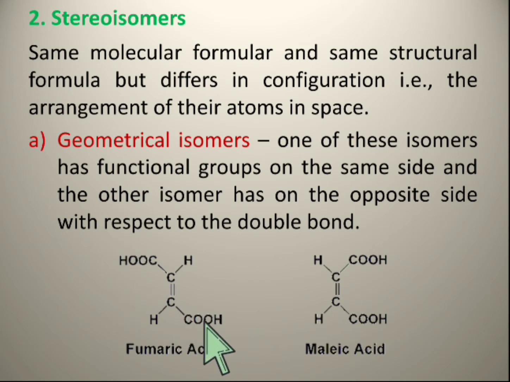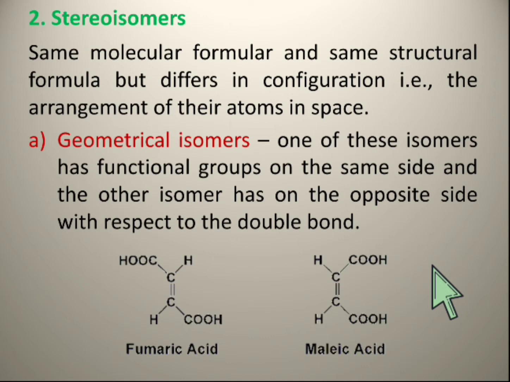As you can see here, fumaric acid has the functional group on the opposite side, whereas maleic acid has the functional group on the same side. These types of compounds or isomers are referred to as geometrical isomers. Remember, they have the same molecular formula and the same structural formula, but the difference is only in the arrangement of the atoms.